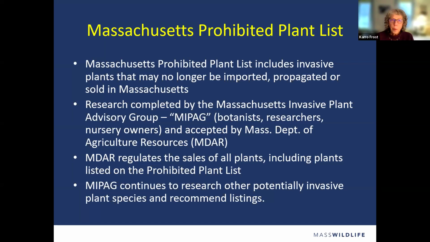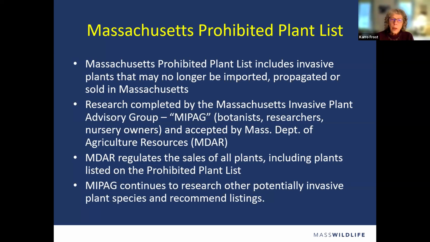The research was completed for that list initially by MIPAG, which has a number of botanists on it, a number of researchers, and nursery owners. We have some botanists from conservation organizations representing their organization on it, like TNC, and the Trustees have representatives on it.